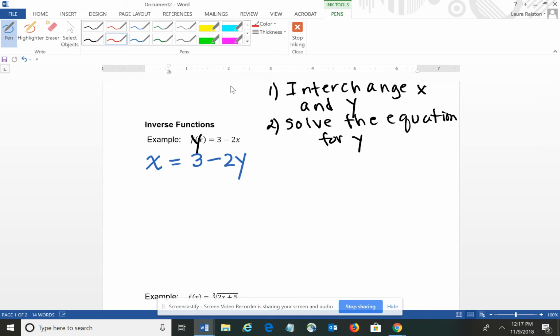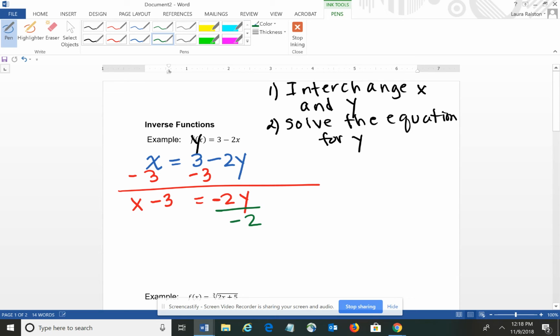So to do that, I need to isolate the y, and I'm going to subtract 3 from either side. So I have x minus 3 equals negative 2y. Then I'm going to divide everything by negative 2.